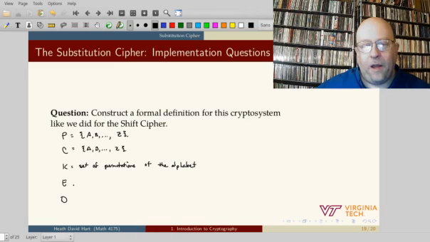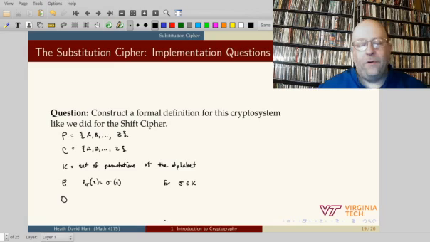So the encryption rule is that if I have a key in K, that key is a permutation. And we often use sigma to indicate a permutation, but we can use other letters to indicate the permutation. Then the encrypted version using that permutation of a letter X will be the permuted version of the letter X. If you use some other letter instead of sigma, that's fine also.